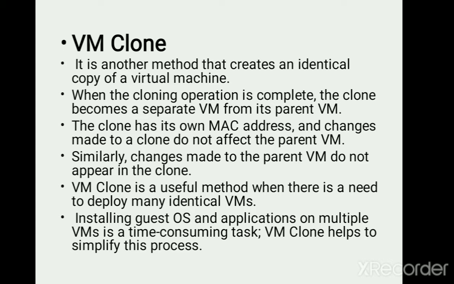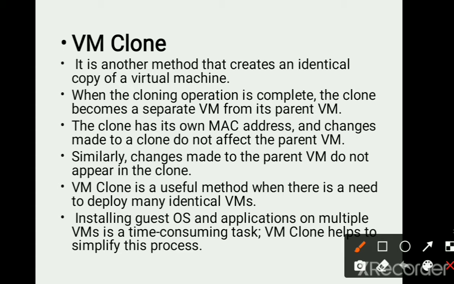Once it is detached from its parent, it is not going to remain the same. That means it does not have all the aspects the parent VM had; it is going to have its own MAC address, right? And whatever changes are done in the clone are not going to affect the parent, nor are changes done in the parent going to affect the clone.